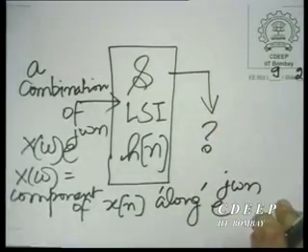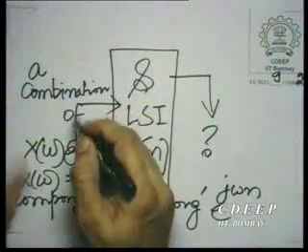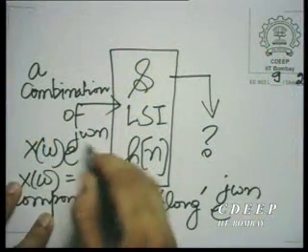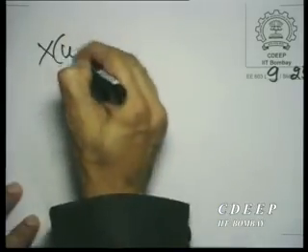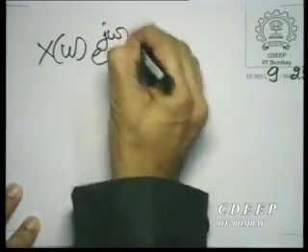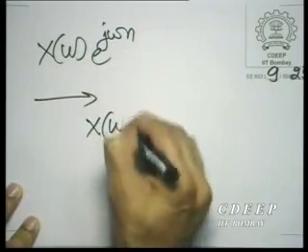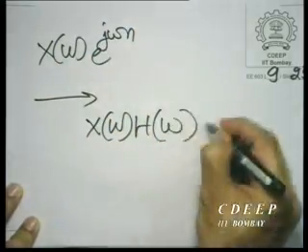So what we are trying to ask is what comes out here, isn't it? And we are saying, in particular, here when you take X(omega) e raised to the power j omega n, what will come out? So X(omega) e raised to the power j omega n is going to give us X(omega) H(omega) e raised to the power j omega n.